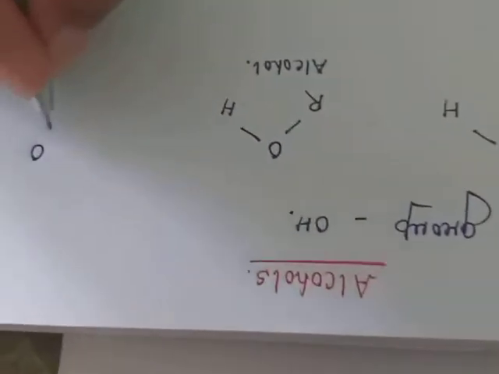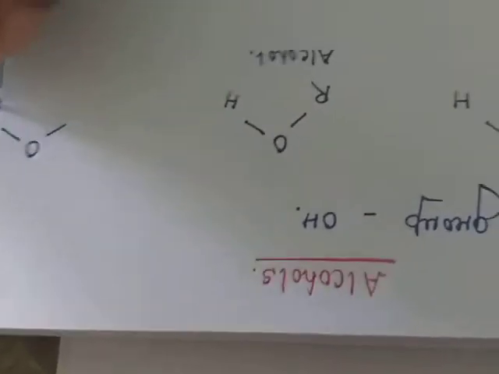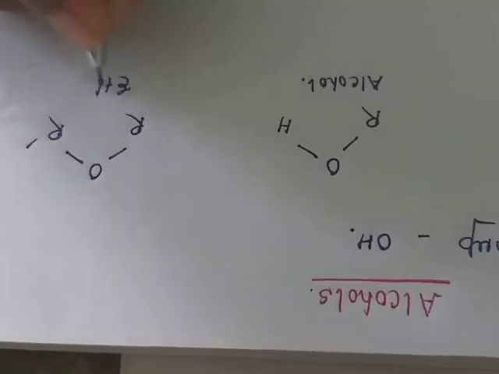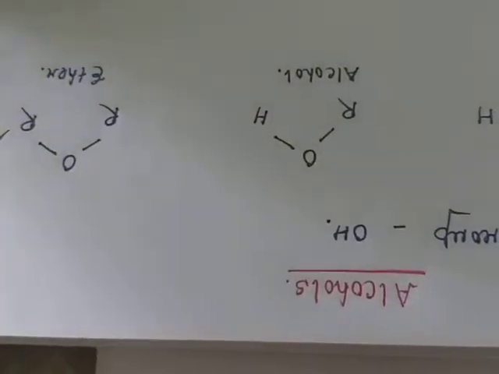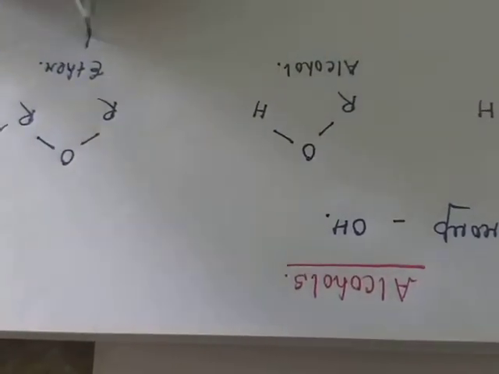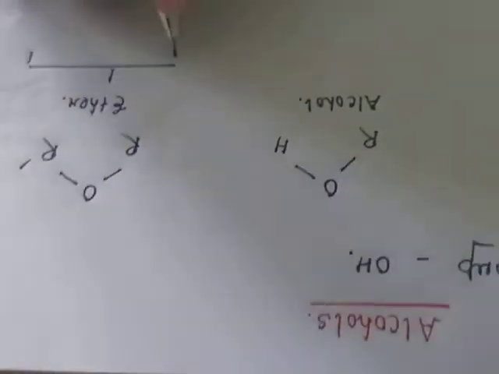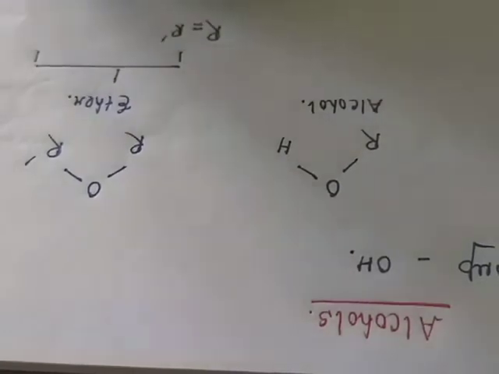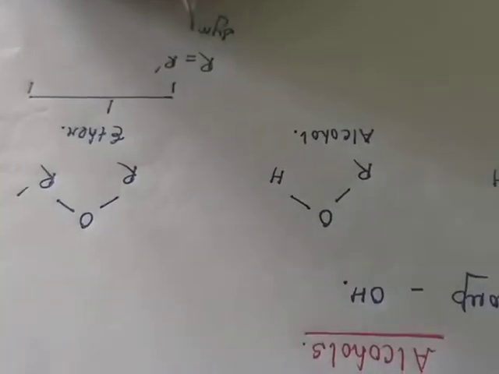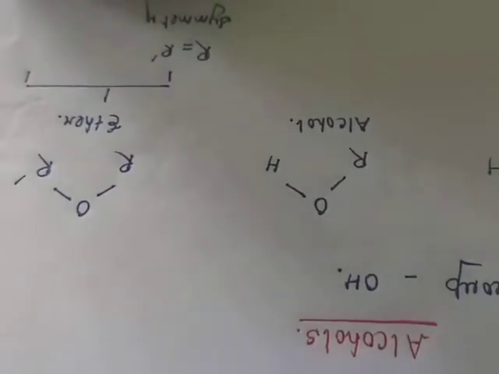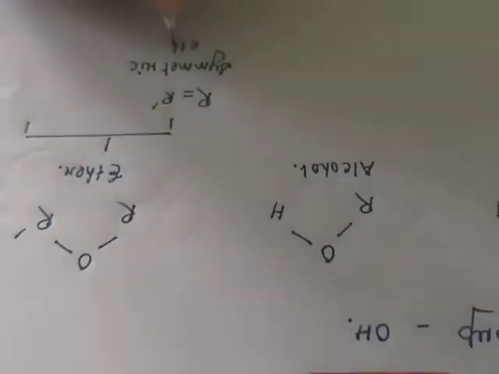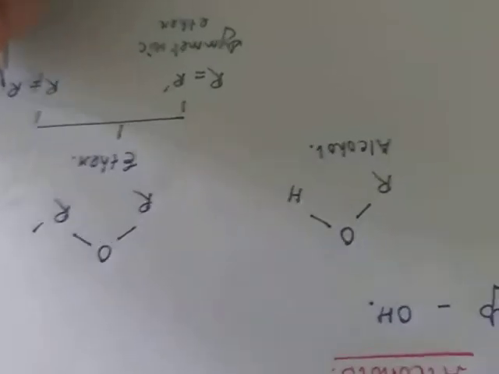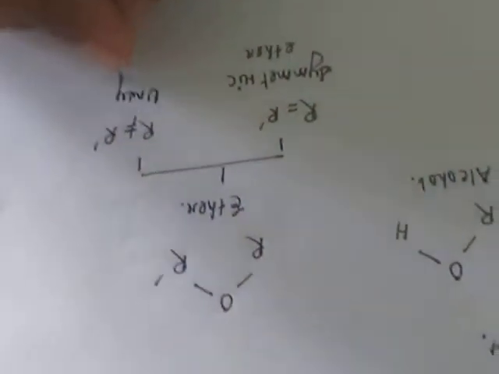And if both the hydrogens are replaced by alkyl groups, this is known as ether. In this ether, if R is equal to R dash, it is a symmetric ether. And if R is not equal to R dash, it is an unsymmetric ether.